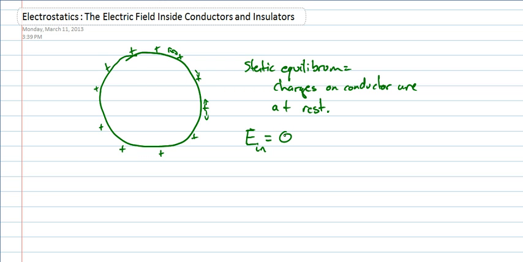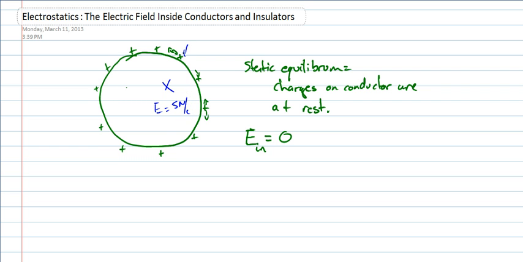So why is that? Why at any point in space inside my conductor is my electric field equal to 0? To answer that question, think about what would happen if there was an electric field inside the conductor. Let's say that at this point my electric field was 5 newtons per coulomb.